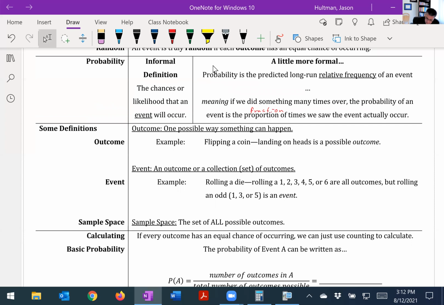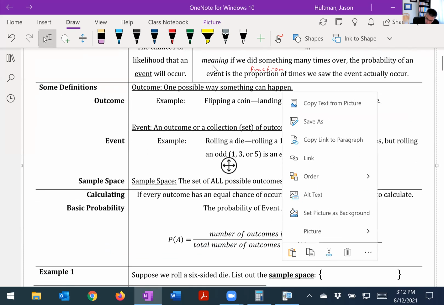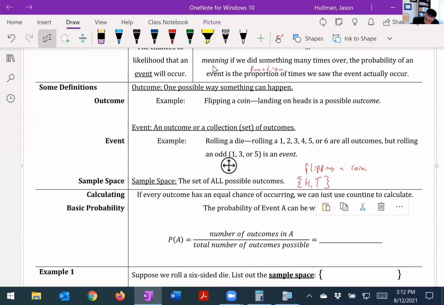So what's the sample space for flipping a coin? It would be heads and tails. So there's two possible results. That's the sample space. That's all the possible outcomes for flipping a coin. If every outcome has an equal chance of occurring, we can just use counting to calculate.